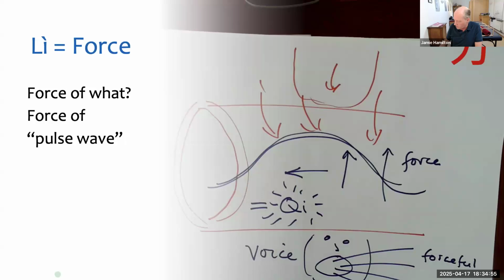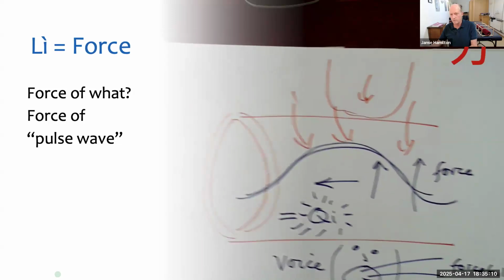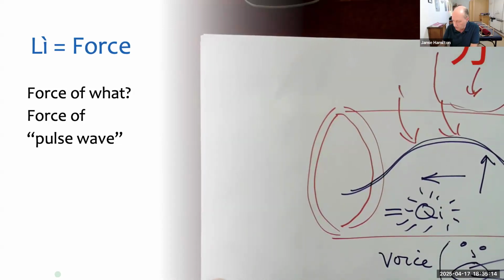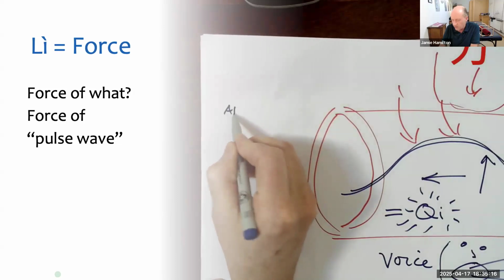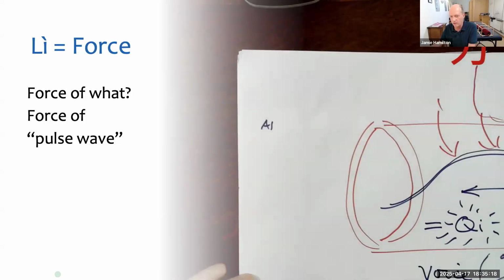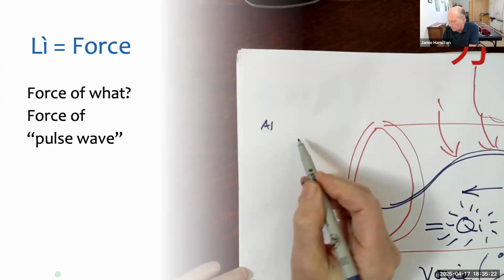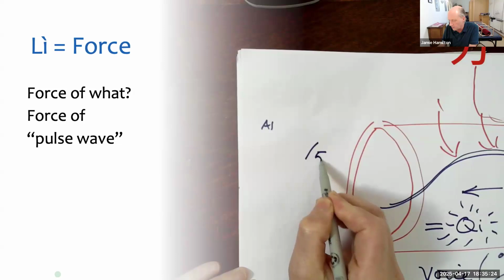Just like lung chi is found in the voice, forceful or forceless, a forceful or forceless pulse gives you a sense of that. So basically, how are you going to do that? When you have got your finger on the pulse, you can be asking the pulse the question. We come to A1, we just ask a really simple question about how full or empty it is. And I'm going to be suggesting that out of 5, we can get the answer.